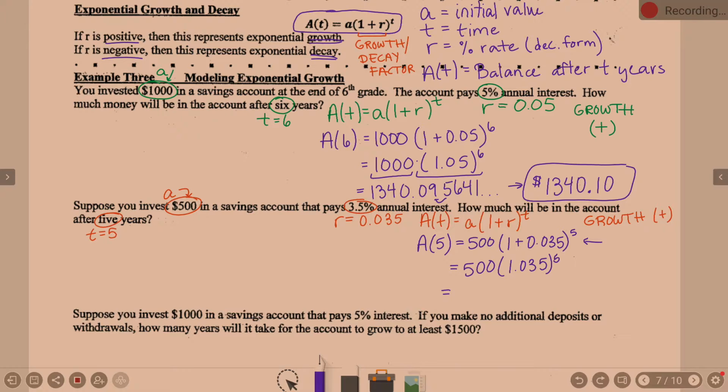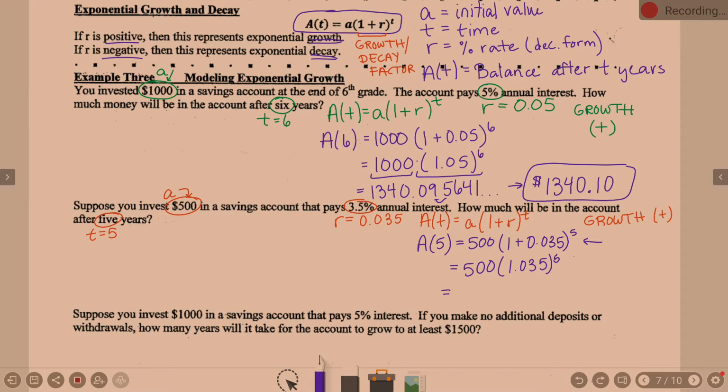You could just write down the first line and enter that on the calculator. I did though. Remember I first did it, I was going to do it all on the calculator, but I forgot the one that you had to do. Okay, so then you're going to have to start over. I don't trust myself doing that. Okay, so if I do this, 500 times parentheses, I can say 1 plus 0.035 in parentheses raised to the 5th.